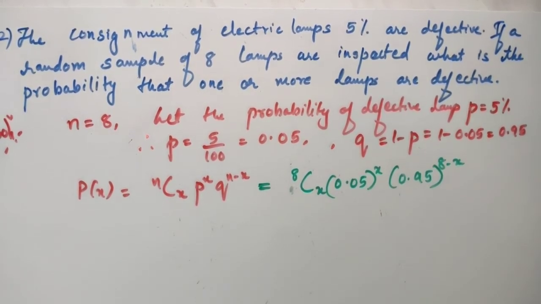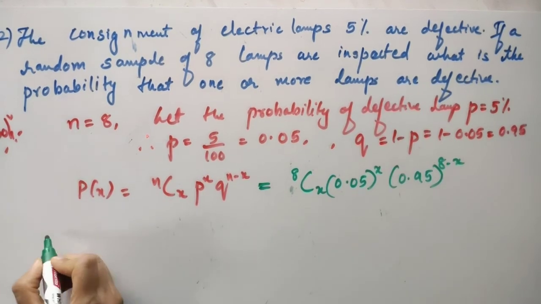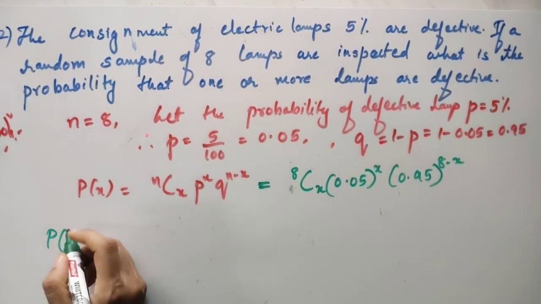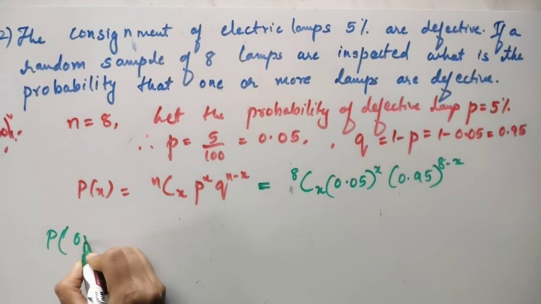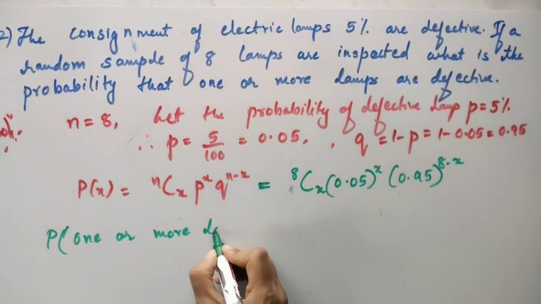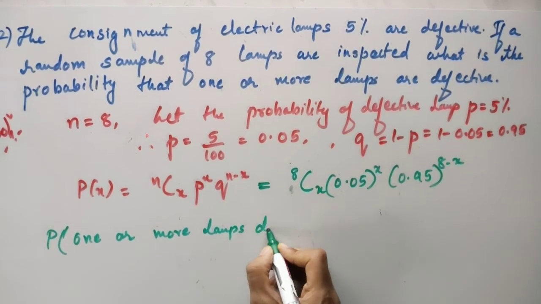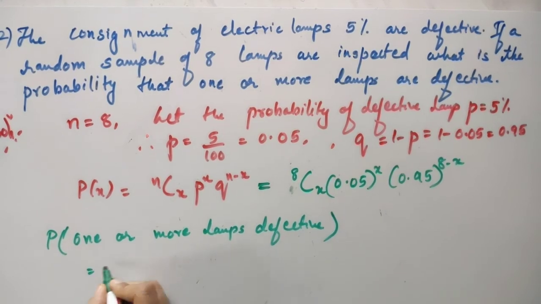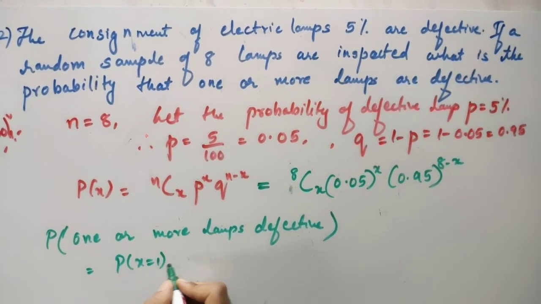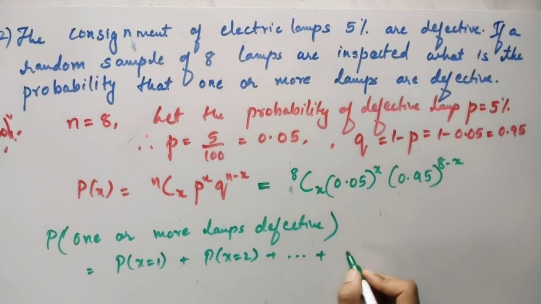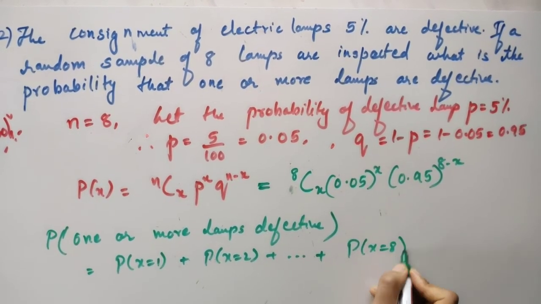Now the probability that we have to evaluate is P of one or more lamps defective. So it is actually equal to P of x is equal to 1 plus P of x is equal to 2 plus, and so on, up till P of x is equal to 8.